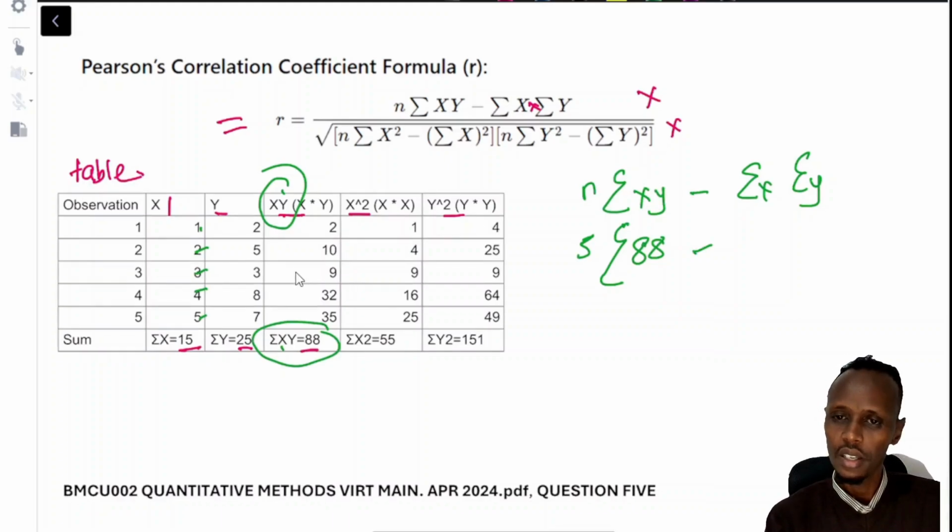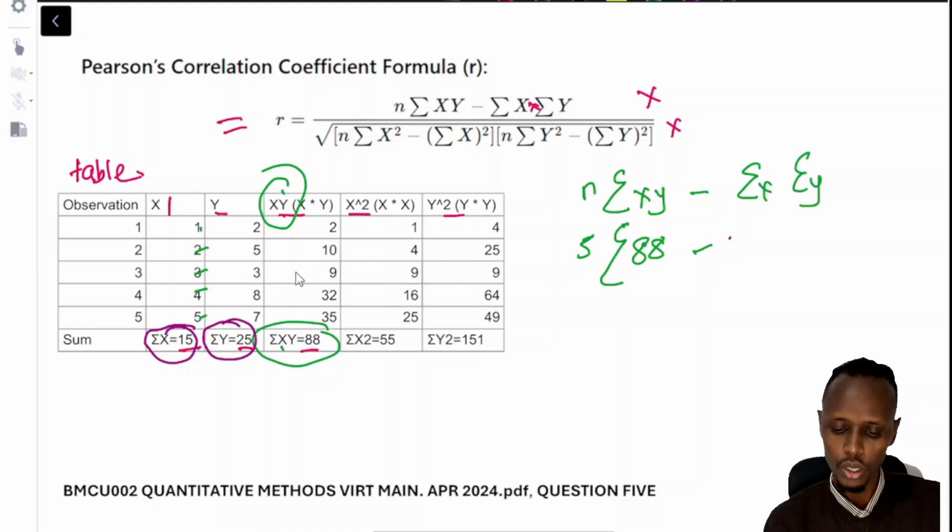Minus the sum of x times the sum of y. Where is the sum of x? Be careful. Here I will use brown color. This is the sum of x and this is the sum of y. So the sum of x is 15, times the sum of y, which is 25.